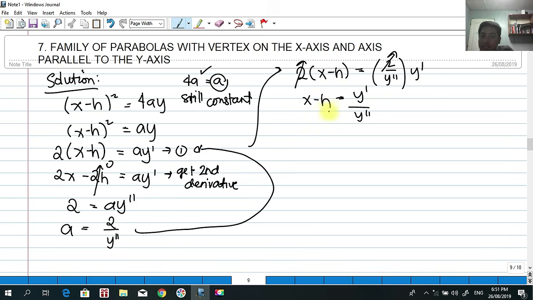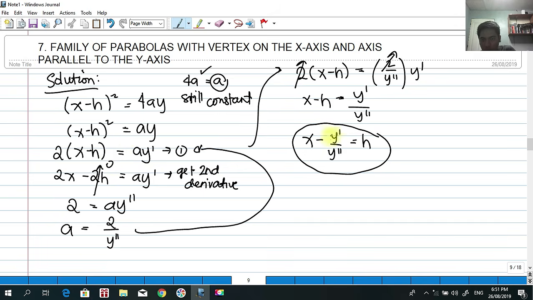We can isolate the h: x minus y prime over y double prime is equal now to h. This is our equation 4.